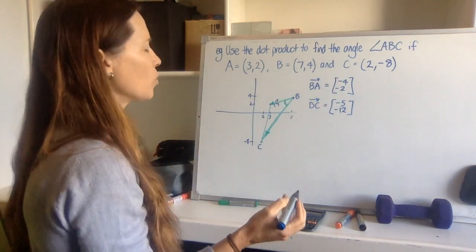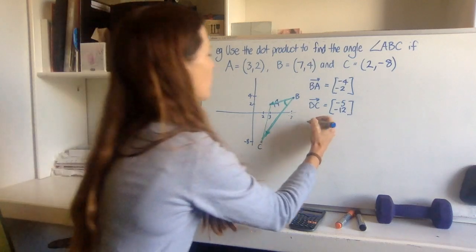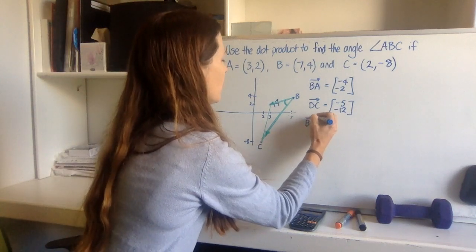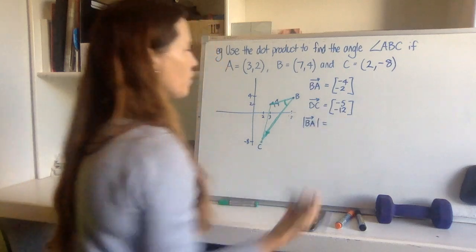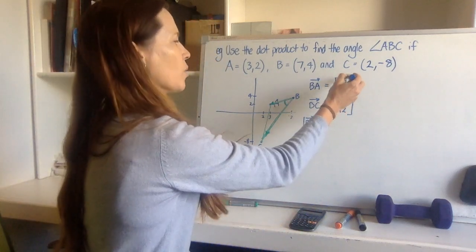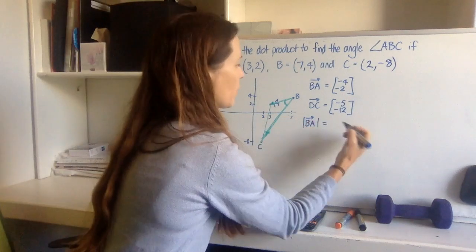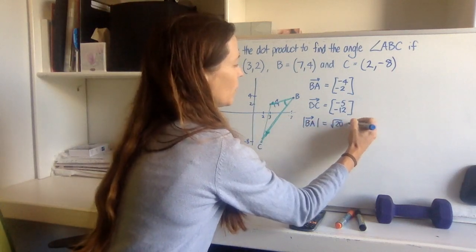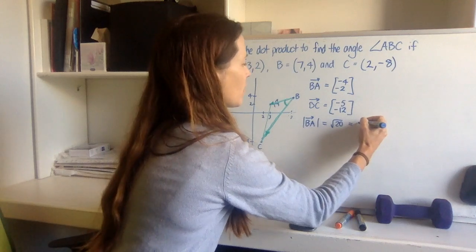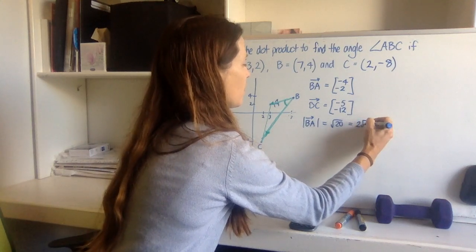So now we can find, we're going to need the absolute value of each of these. So to find that, we need to do 4 squared plus 2 squared, which is 16 plus 4. We've got root 20, which is the same thing as 2 root 5.